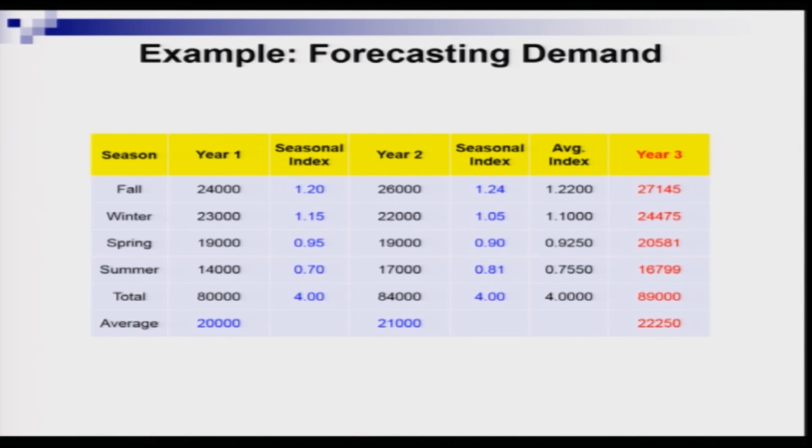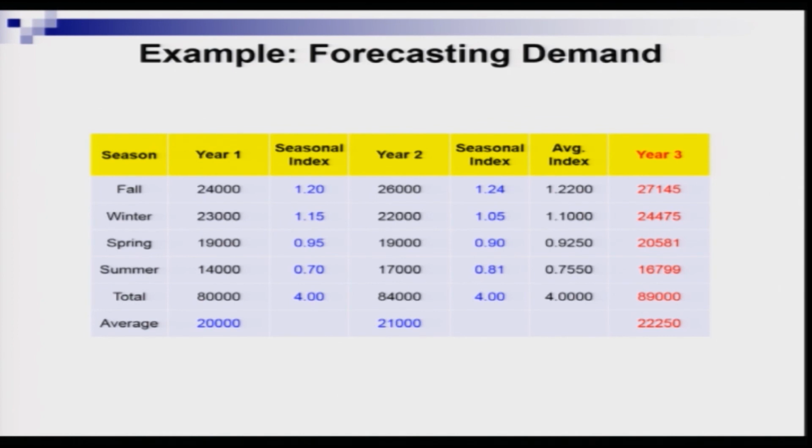So let us now talk about forecasting demand through a simple example. Suppose there is a farm and the farm has some data on the demand for an item for 2 years, year 1 and 2, and the demand can be further broken down into different seasons.